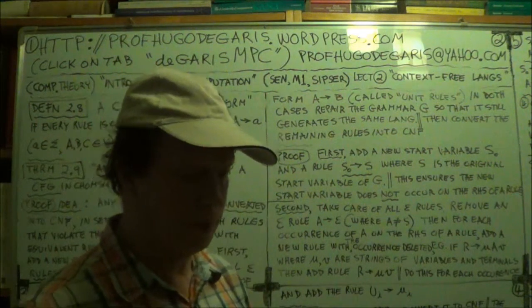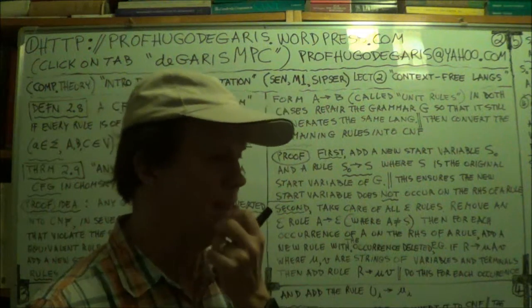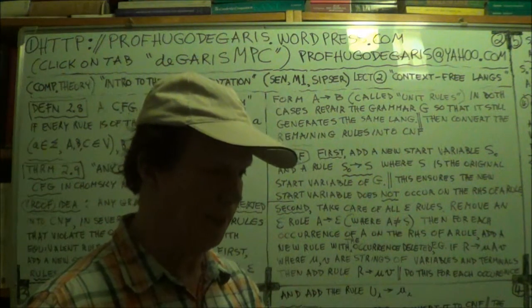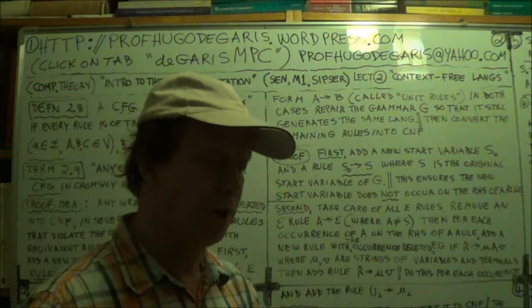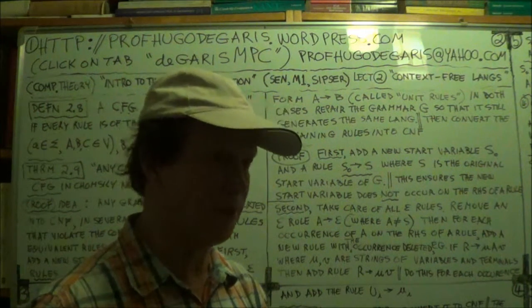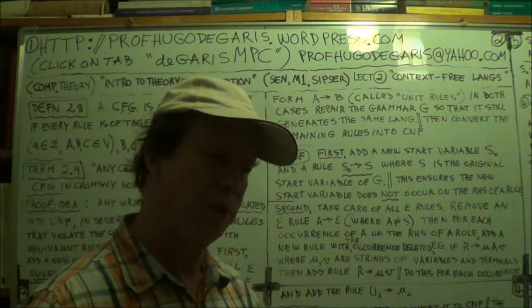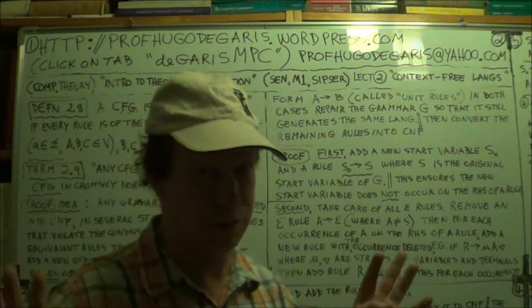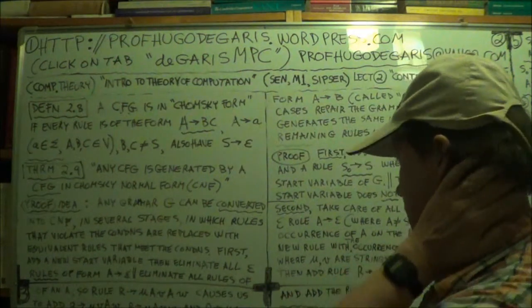Now, if you have more than one, I suppose you could generalize. Actually, I'm not too sure. If you had 3 occurrences of A, would that mean you have 4 new rules, or is it more complex than that? I'm not sure. Sipser doesn't say.